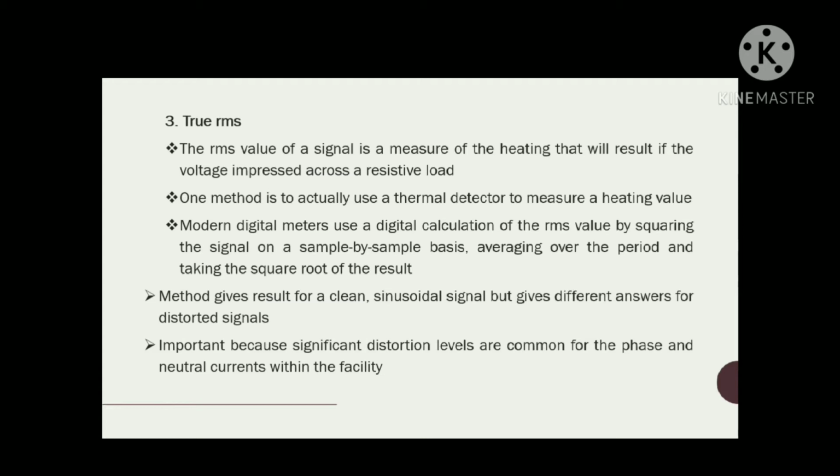One method of detecting true RMS value is to actually use a thermal detector to measure the heating value. Modern digital meters use a digital calculation of the RMS value by squaring the signal on a sample by sample basis, averaging over the period, and then taking the square root of the result.